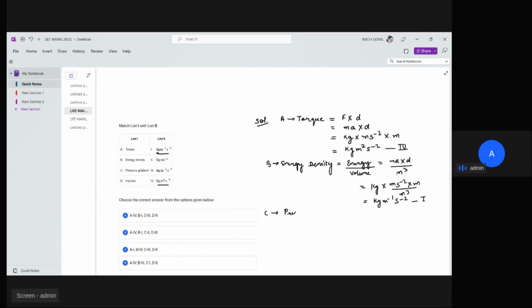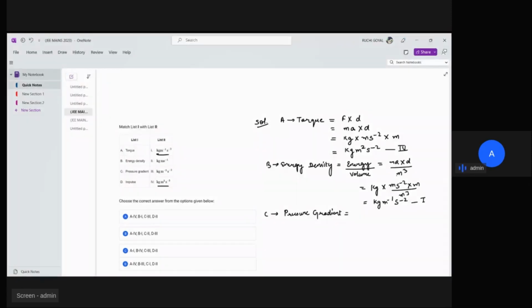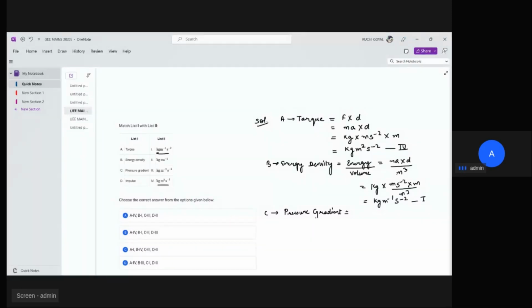Pressure gradient. What is the formula of pressure gradient? For the gradient of anything, we have to divide that quantity by length. Suppose we have to find the pressure gradient, we have to divide that quantity by length.